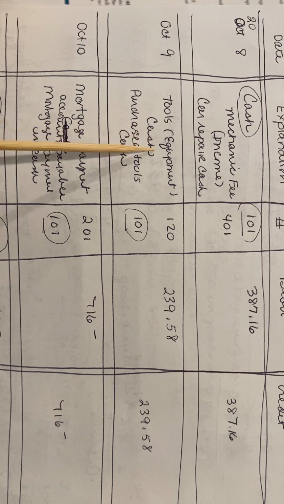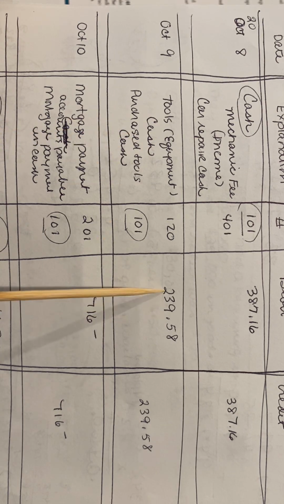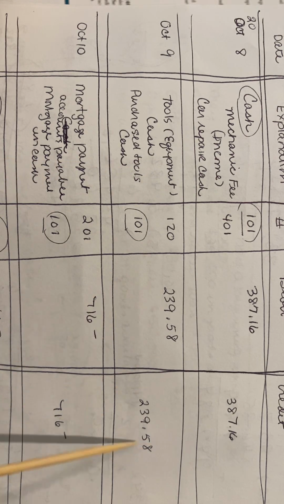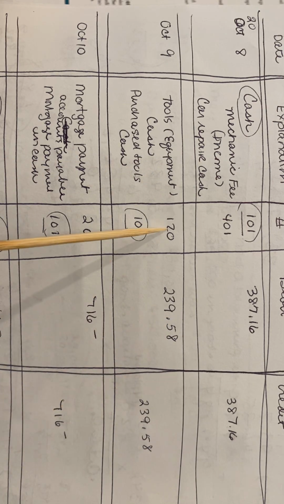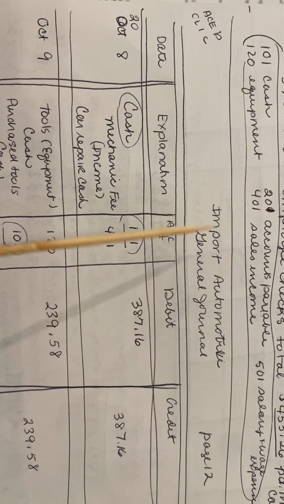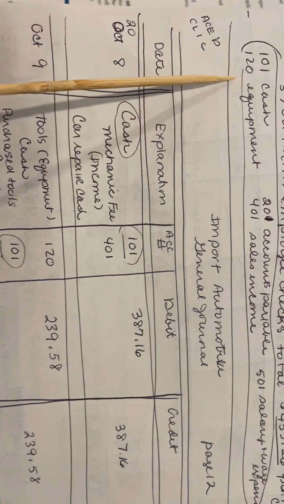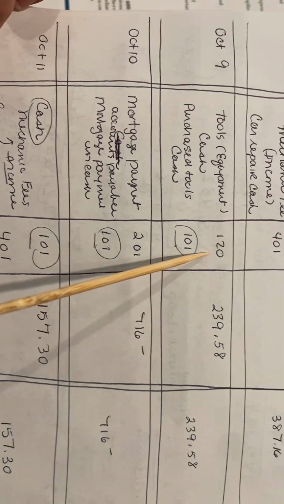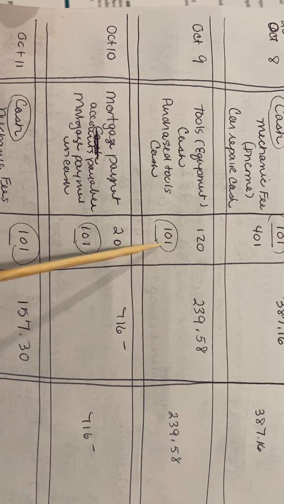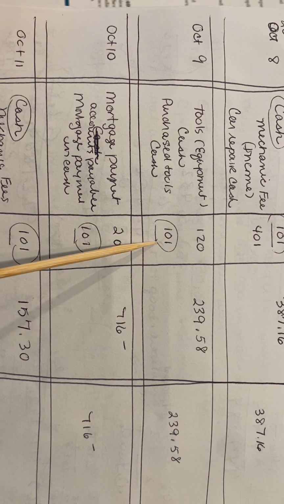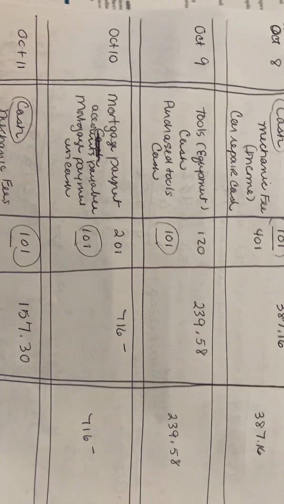You shouldn't have this cash written here, so you can take that off. So that's going to be our debit, because we have asset as a debit and asset as a credit. And for the tools, look up here, equipment is 120, so we're going to put down 120 for the equipment, and we'll put 101 for the cash. We'll put that number there, so that's where it looks.